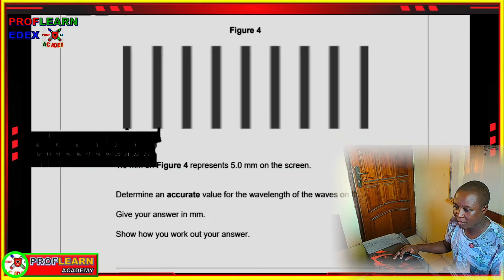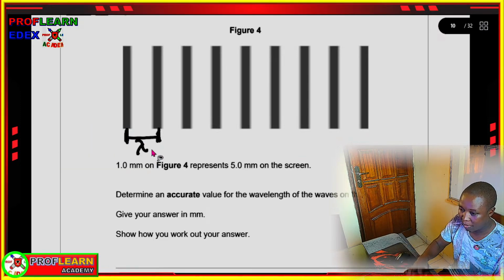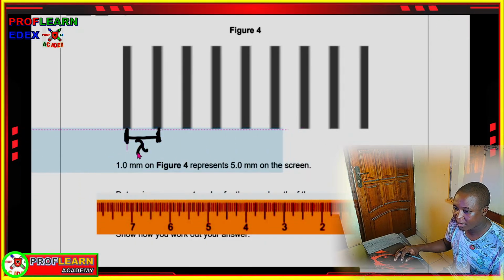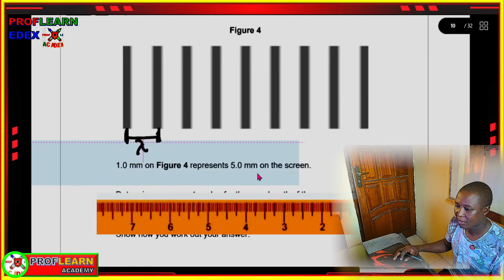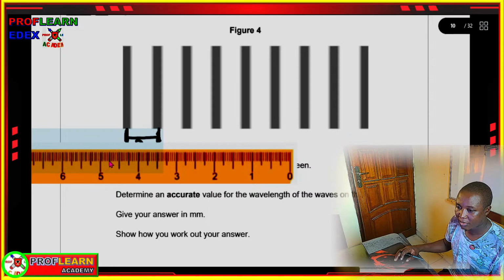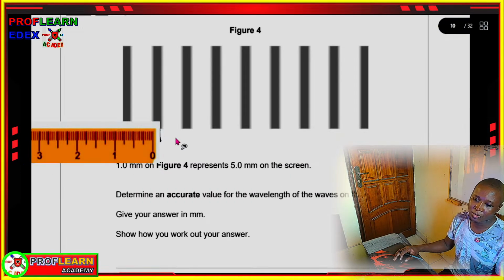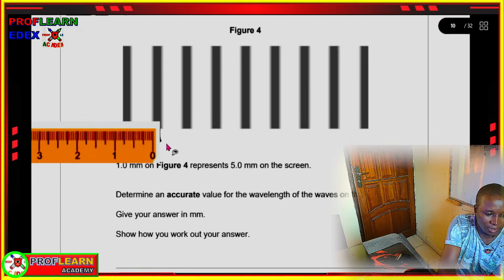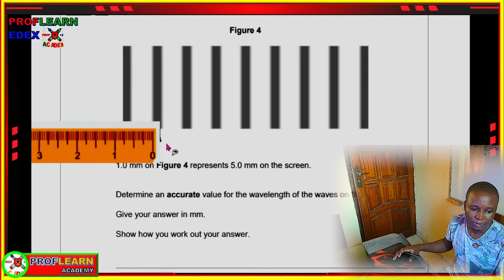So we have our ruler well shown here. Our new ruler is this one. We are going to measure the distance between those, placing it like that, the distance between two circles.